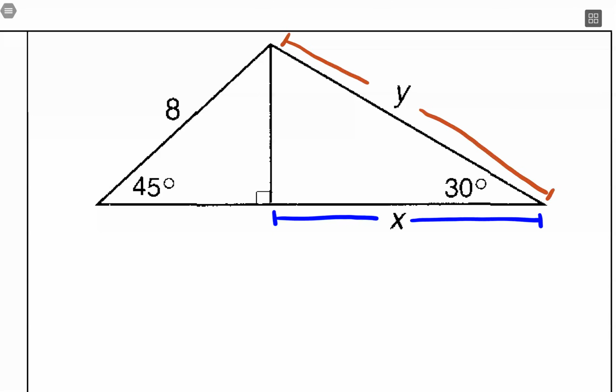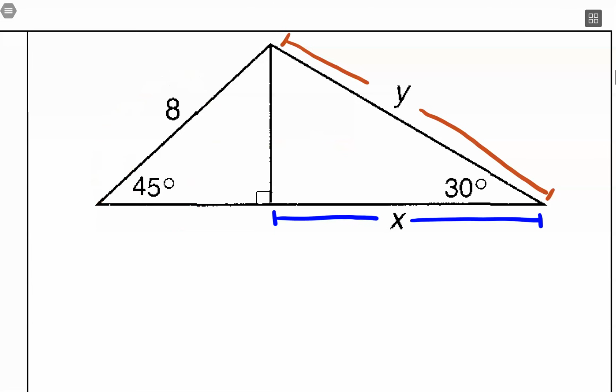But x is not extending all the way to the end. With this triangle with the 30 degrees, we don't have any side lengths, so we'd be pretty stuck without this piece. So we're going to do some kind of traveling here. We're going to solve for some pieces and end up over to this triangle.